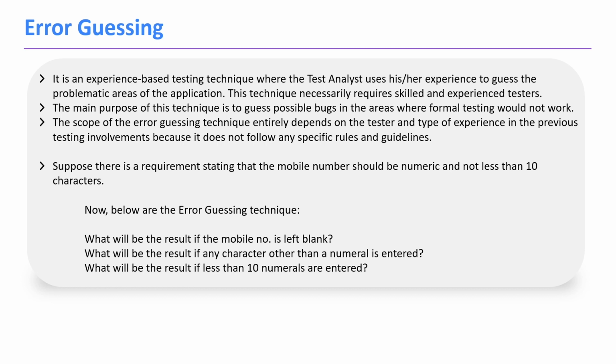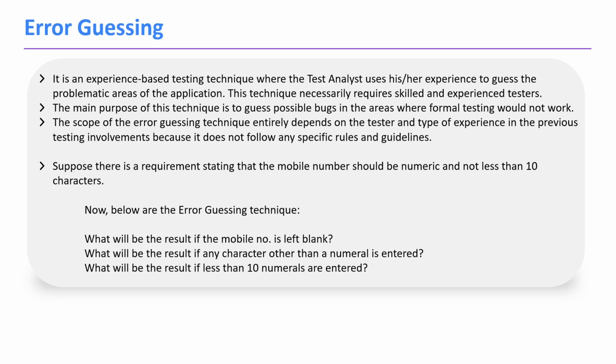Negative scenarios like what will be the result if the mobile number is left blank. So this is one scenario. The second one is what will be the result if any character other than a numeral is entered in the mobile number field. And third is what will be the result if fewer than 10 numerals are entered in the mobile number field.